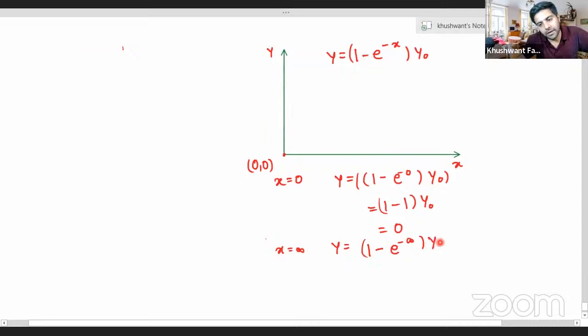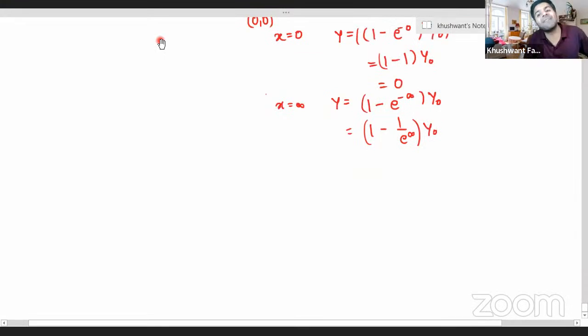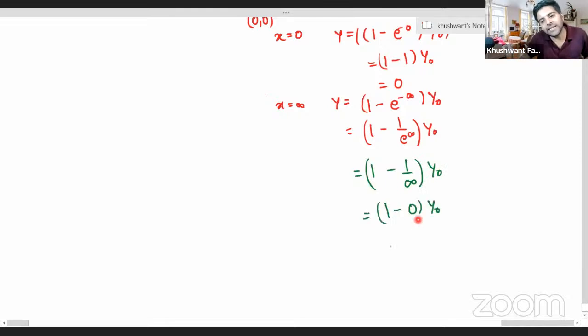So 1 minus 1 upon e power infinity into y naught. 1 upon e power infinity is 0. Either you can write that, or e power infinity is infinity, then 1 by infinity is equal to 0. So 1 minus 0 into y naught. That brings you the value y naught.